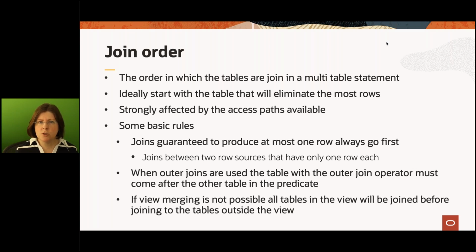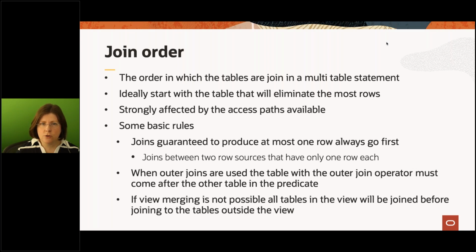Well, if it's a join between 2 primary keys, or if it's a join between 2 unique index scans, then if 1 row is coming from one of the tables, I can at most find 1 match and therefore return 1 row, or I find no matches. So if I'm doing a unique scan or a primary key lookup on that inner one, and I only have 1 row to probe in, then at most only 1 row would come out, and so that join goes first. The join order is also being dictated by your query if you use outer joins.